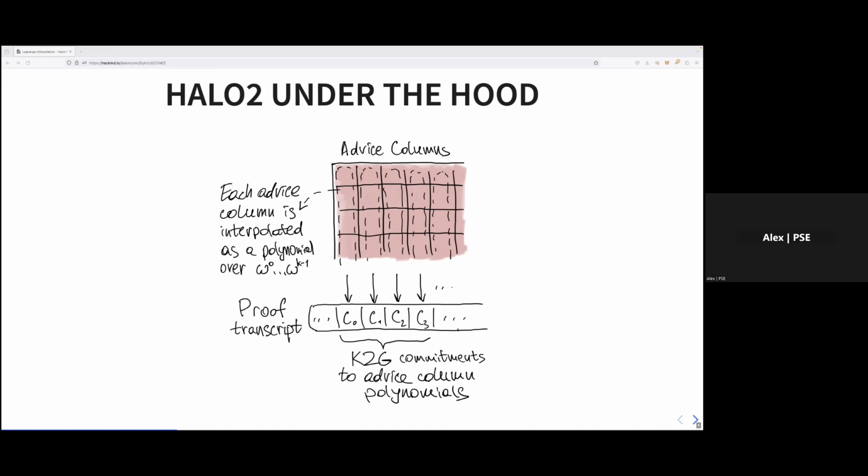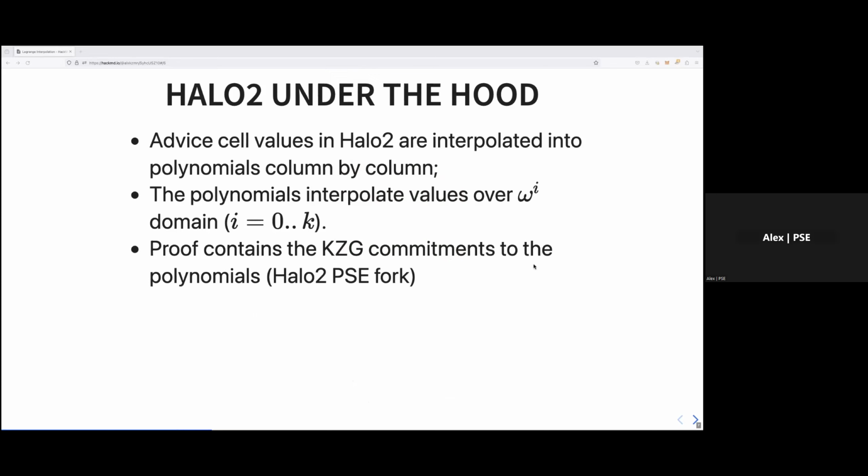Okay, I think if we don't have any more questions, we can proceed. So to recap what we have said, under the hood in Halo2, the advice cells are interpolated into the polynomials column by column.